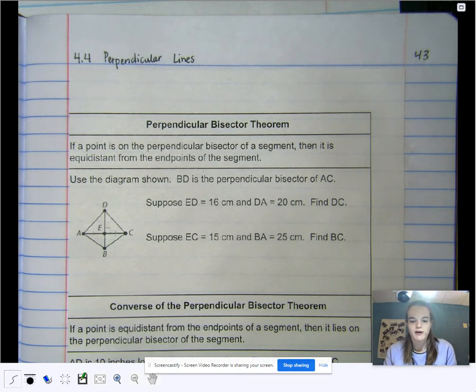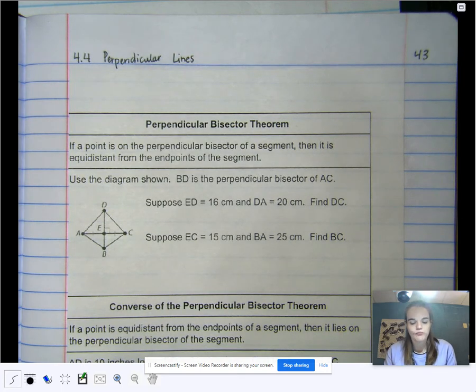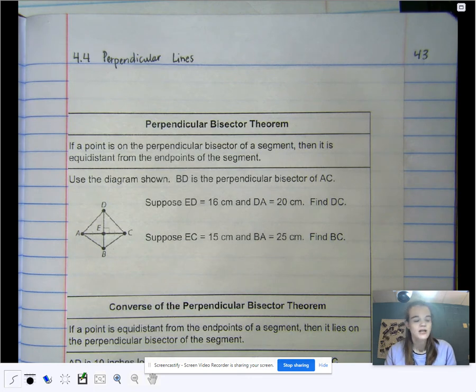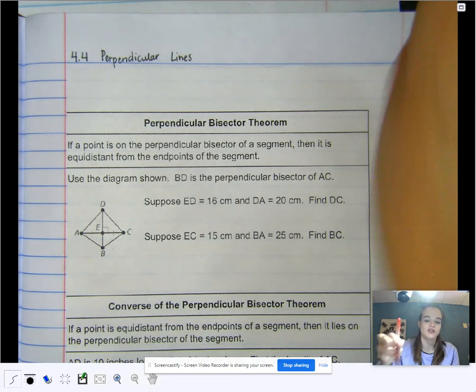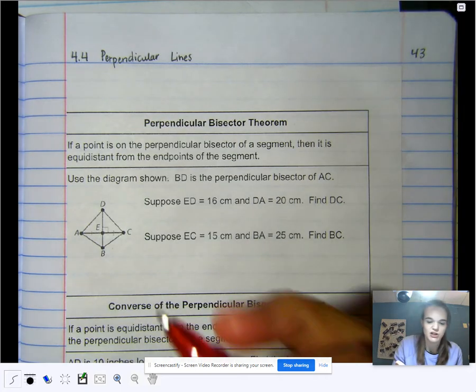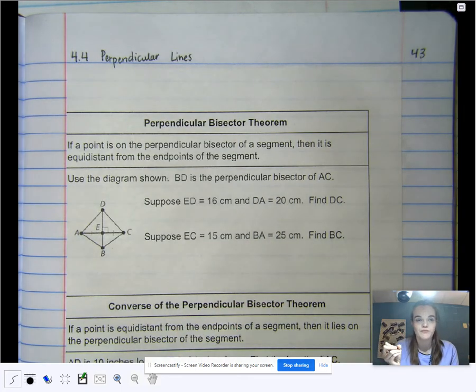First of all, we're going to talk about the perpendicular bisector theorem, then the converse of it, and we're going to use it to solve problems. If a point is on the perpendicular bisector of a segment, then it is equidistant from the endpoints of the segment. The perpendicular bisector, remember, cuts it in half at a perpendicular or a right angle.